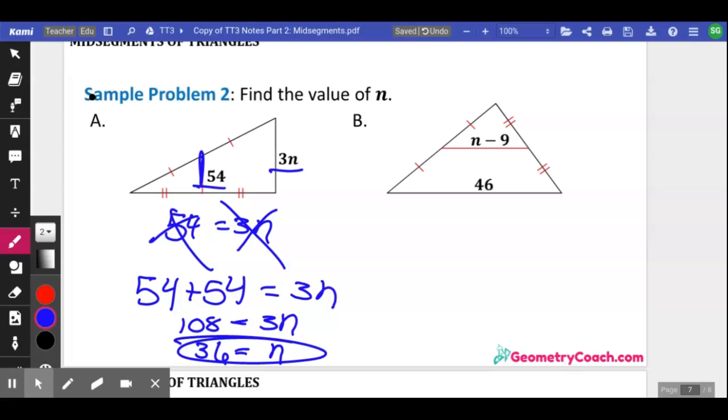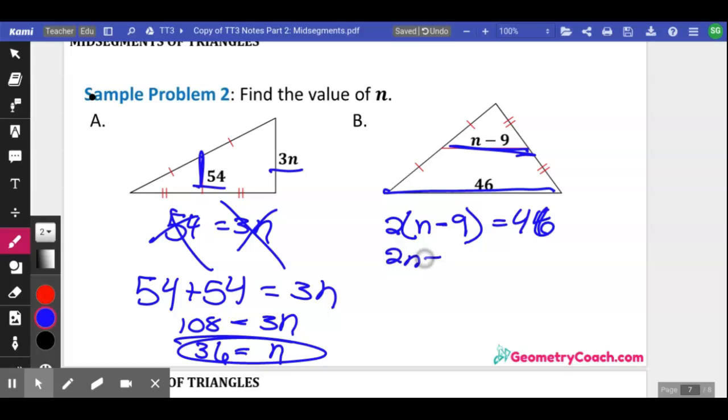Okay. Same on this other one. The mid-segment is half the length of the side it's parallel to. So you need to double it. So we need 2 times (n minus 9) to equal the 46 plus 46, which is 64 on the other side, so that equals 32.